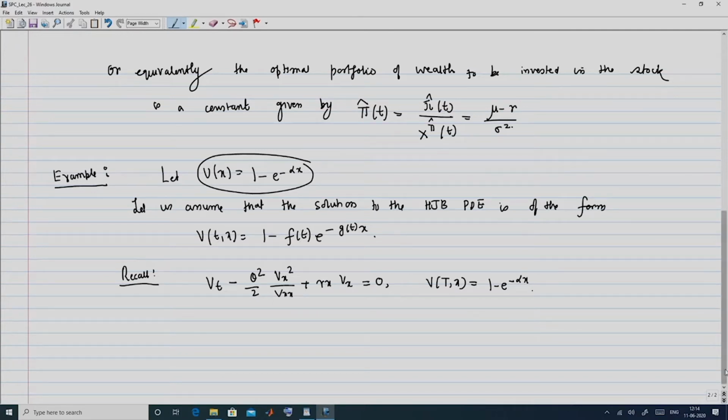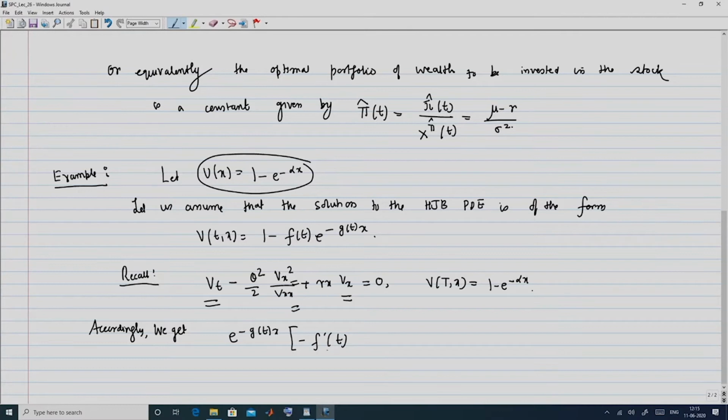Okay, so we can now evaluate these values. After evaluating V_t, V_x and V_xx, accordingly we will get e raised to minus g(t) x within bracket minus f prime of t.